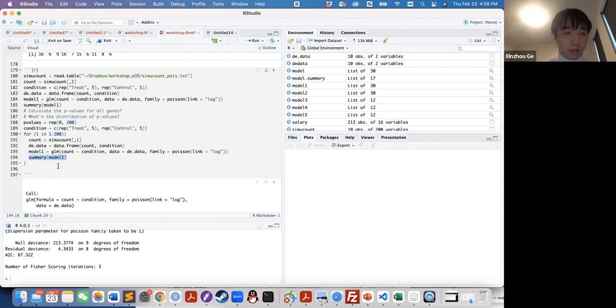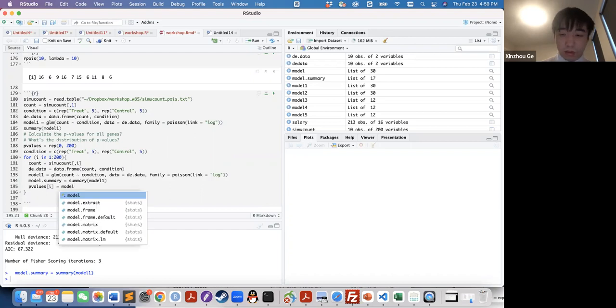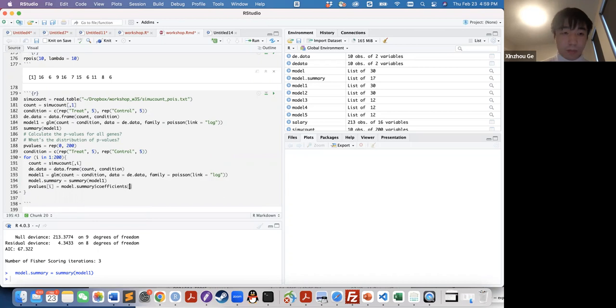Okay, I'm not sure whether the model by itself has the p-values. Note, we still need to do model summary equals the summary of the model, and the p-value will be equal to the model summary coefficients.